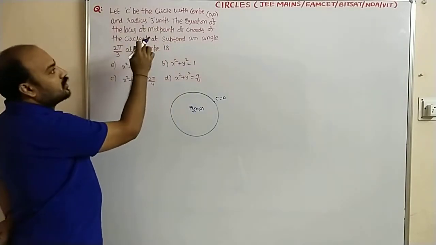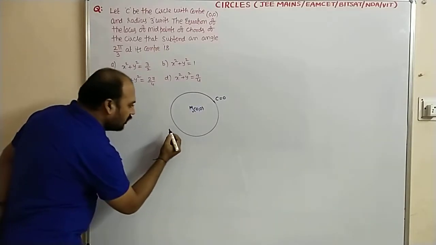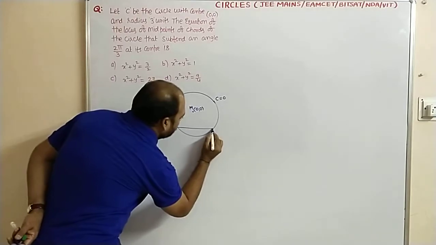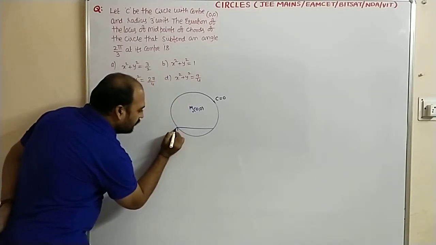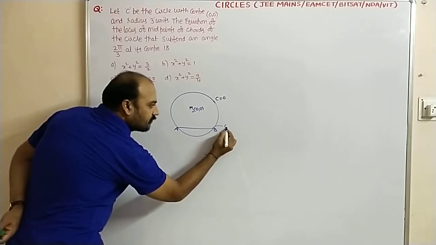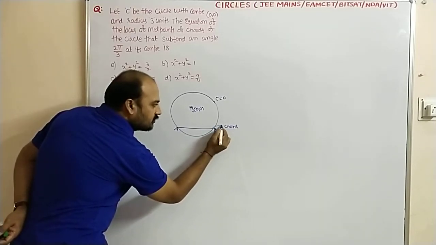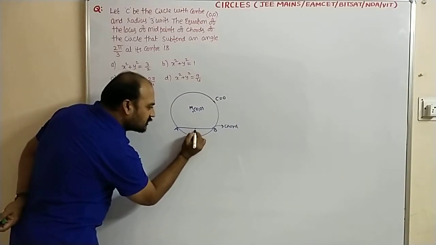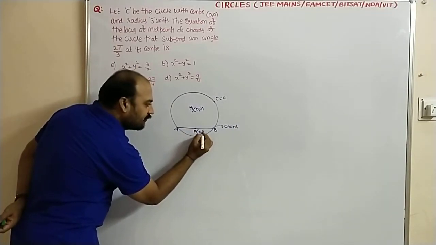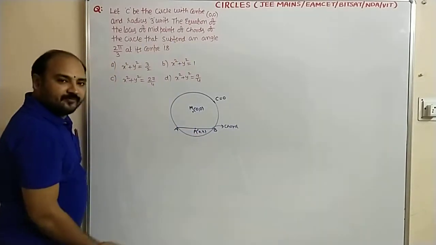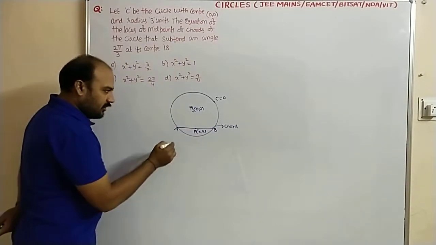For the locus of midpoints of chords, you can take one chord. I am assuming that AB is a chord and P(x1, y1) is the midpoint of the chord.